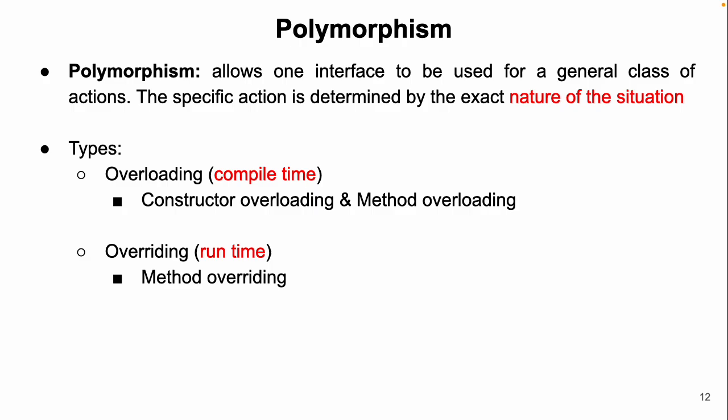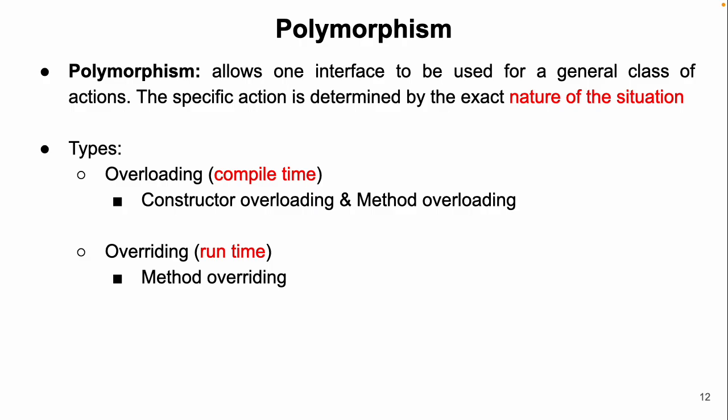In Java, we have two types of polymorphism: one is compile time and the other is runtime. Compile time polymorphism we call overloading, and runtime polymorphism we call overriding. Today we are going to see only overloading. We will see overriding at a later time.